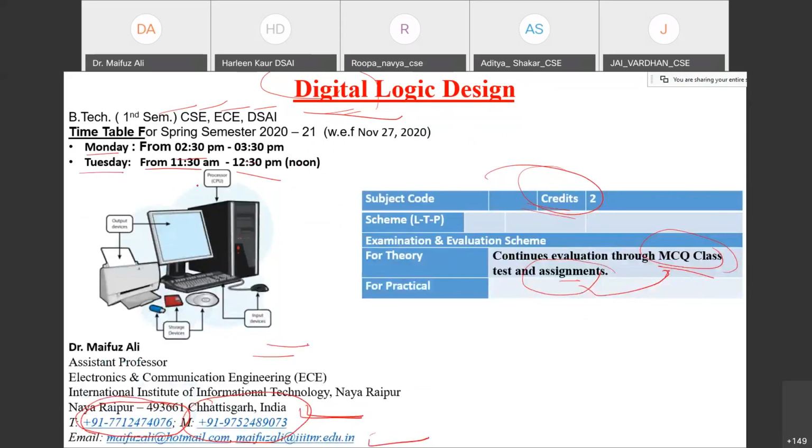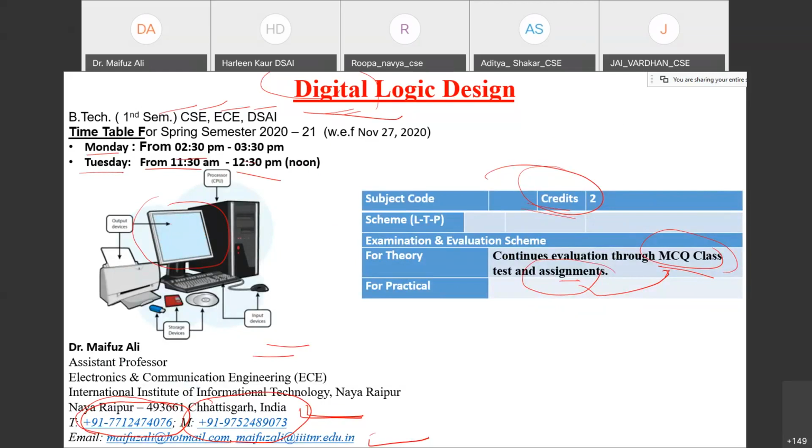Around us, you can see the mobile phone, laptop, desktop, printers. All of them work digitally. These are all digital devices. Previously, you could see devices like the tape recorder, which was an analog tape recorder.